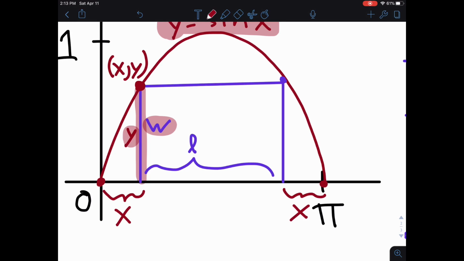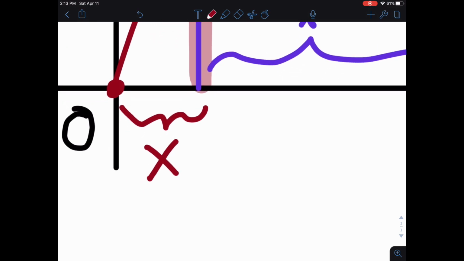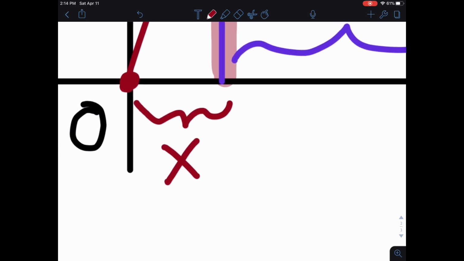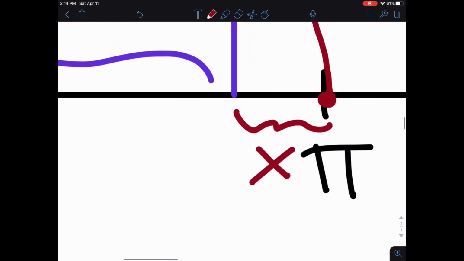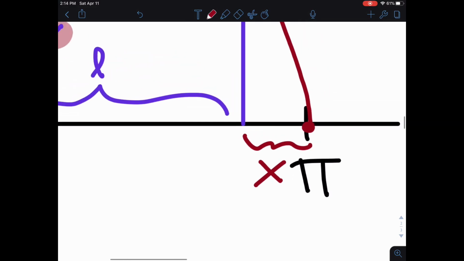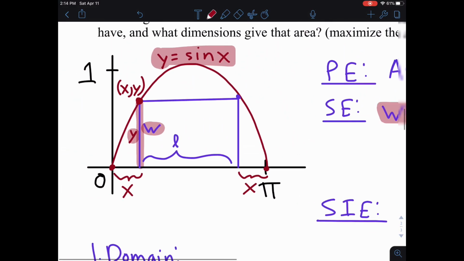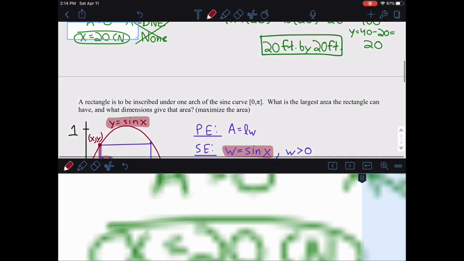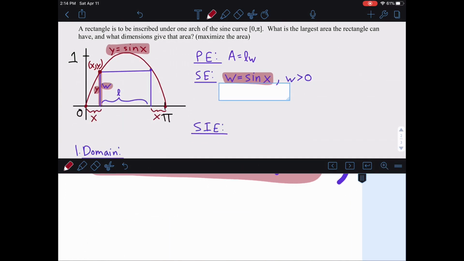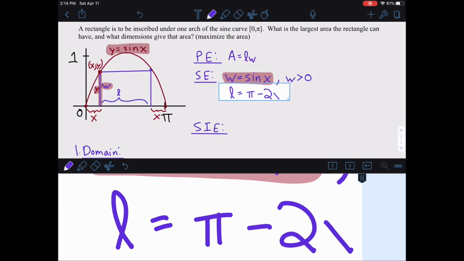And so we have a little gap for x on the left there on the x-axis, right? So we have this little gap here along the x-axis, and then we also have that little gap on the other side, which is going to be symmetric. And so that tells me that the length for this rectangle is going to be pi minus an x on each side.